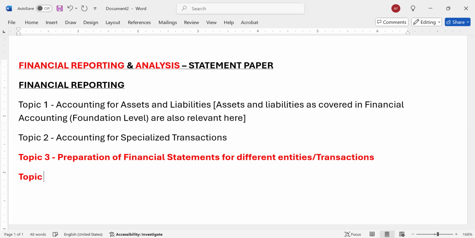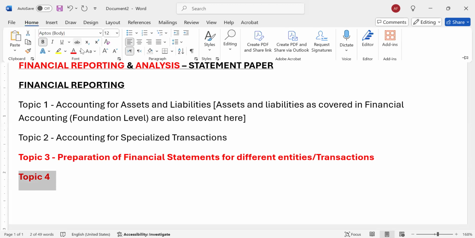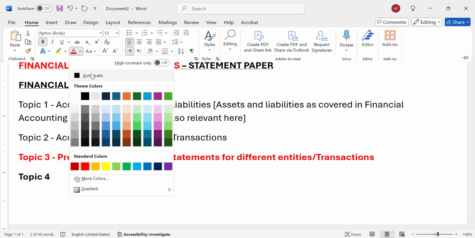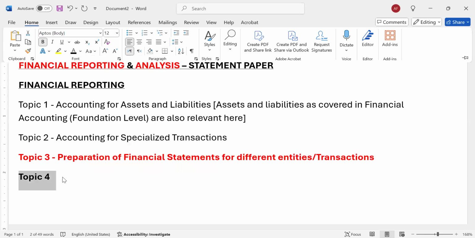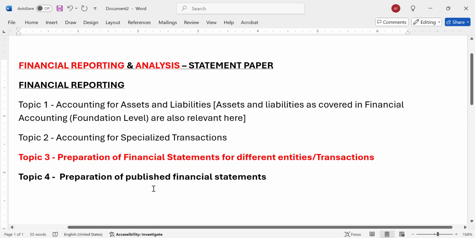Talk about topic 4, preparation of published financial statements. Okay, so here we go. We're saying that really it is about preparation of published financial statements.